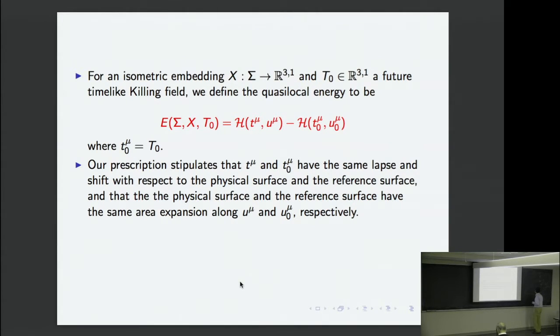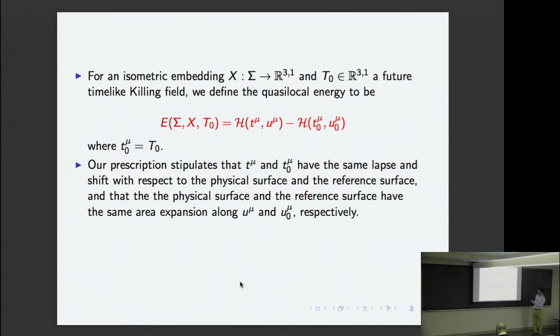So here I have a physical surface, and I have T mu and U mu here. And here I have a reference surface, which is inside Minkowski space. So the way we choose it is so that this T mu and this T naught mu have the same lapse and shift with respect to U mu and U naught mu.